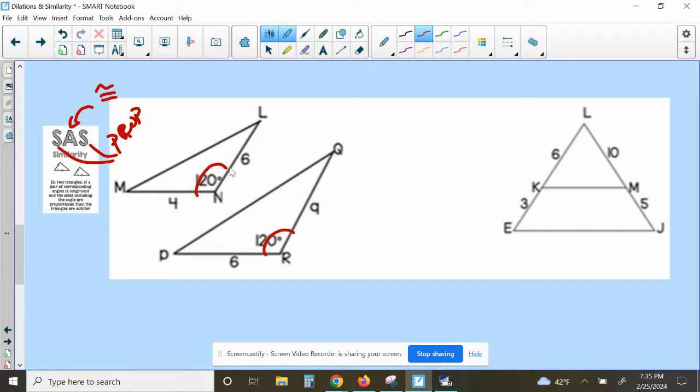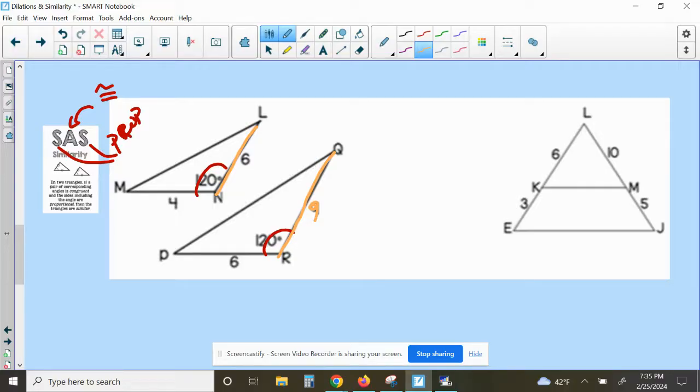So that looks great. Now we just need to see if these sides are proportional, which means are they going to have equal fractions? It doesn't matter what you pair up as long as you're consistent. So this side here and this side here. So this is a 9, even though it looks weird.